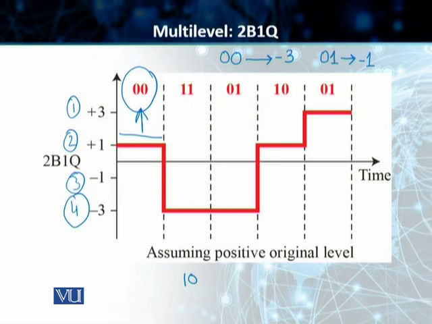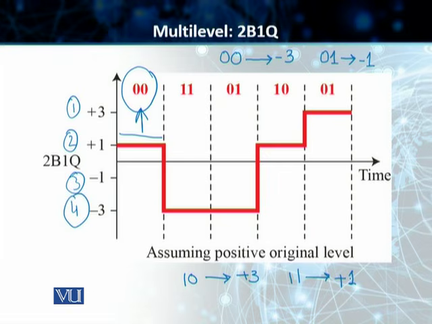If we have a 1 and a 0, we will represent this by a +3. And similarly, if we have a 1 and a 1, we can represent this by a +1. So you establish these rules in such a multi-level 2B1Q scheme, and then you use 4 different voltage levels to represent 2 bits per signal element.